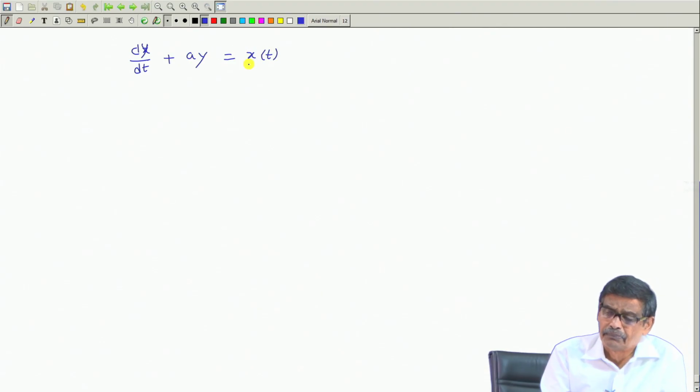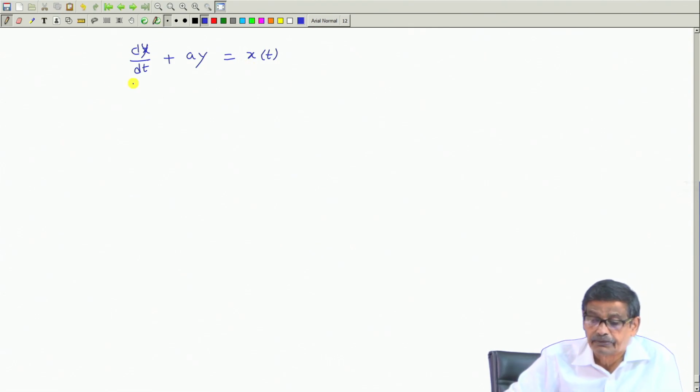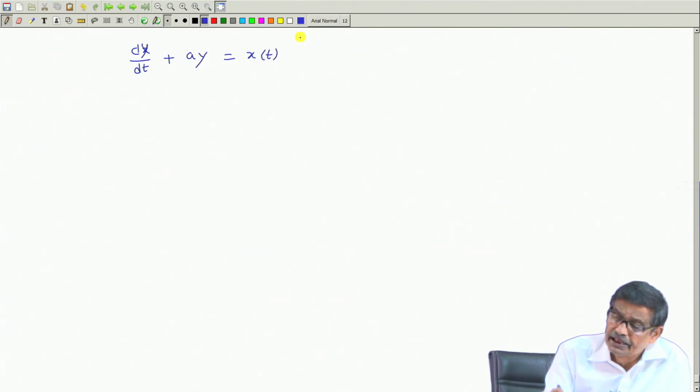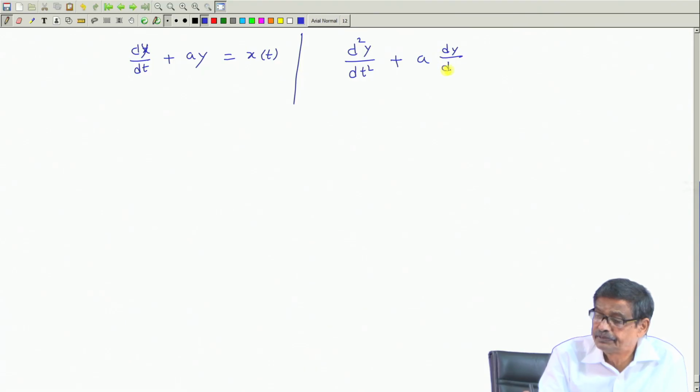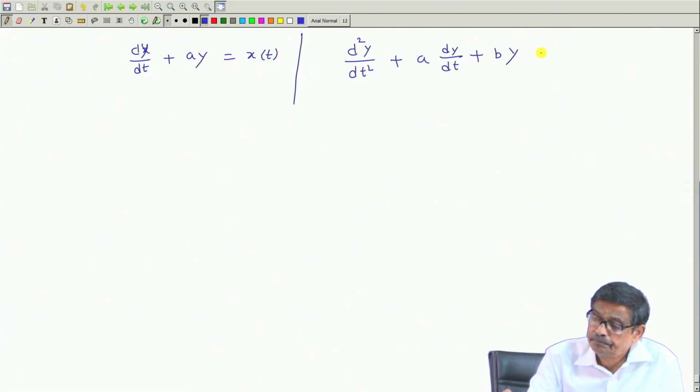Depending upon the problem, if x(t) is voltage, write voltage here, y is current, and so on. Or it could be in general a higher order differential equation, because if there are two energy storing elements, second order, plus P y is equal to x(t).